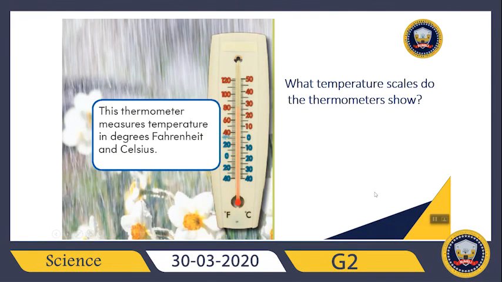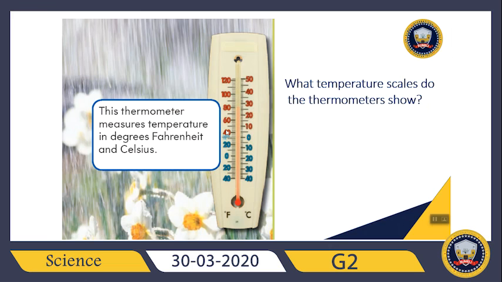Now we will talk about thermometers. We said before that we can use a thermometer to know if something is hot or cold. You see this one is a thermometer, and we have numbers here.